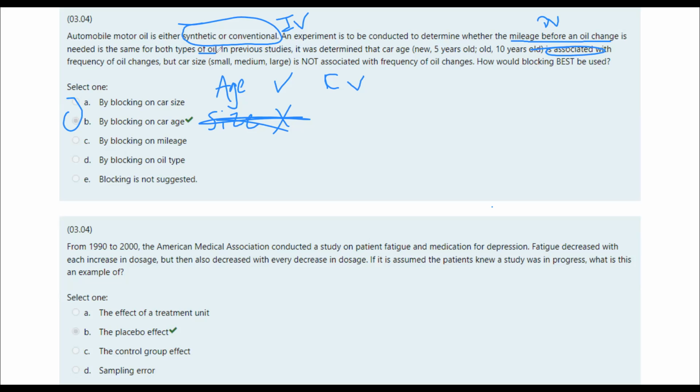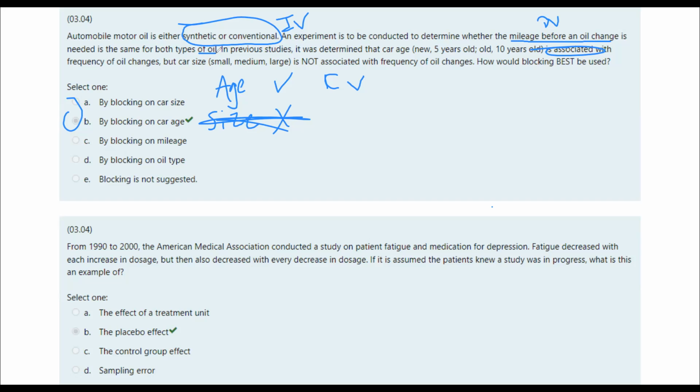All right, from 1990 to 2000, the American Medical Association conducted a study on patient fatigue and medication for depression. Fatigue decreased with each increase in dosage, but it also decreased with every decrease in dosage.